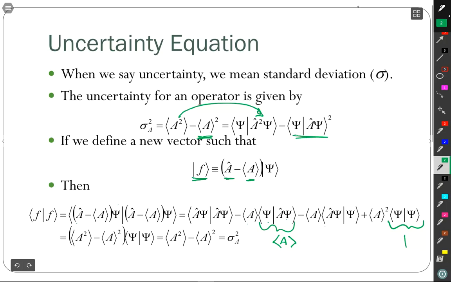And what about this here? You could put a star somewhere there, but it's real, so it's still just A.